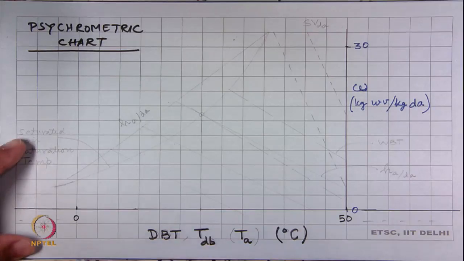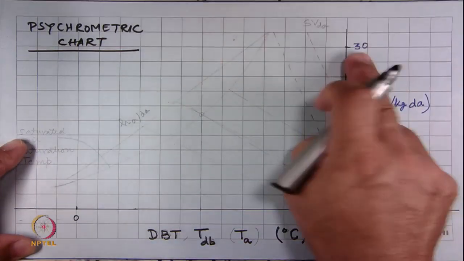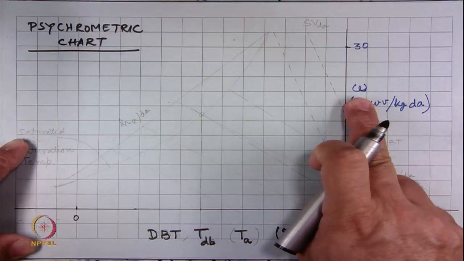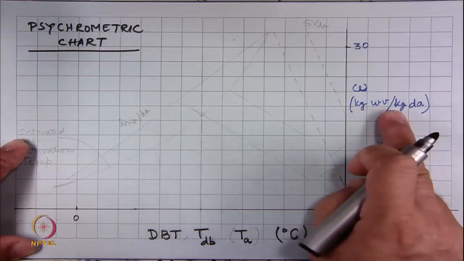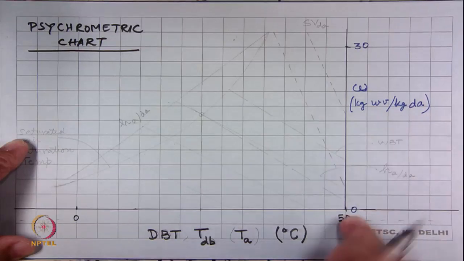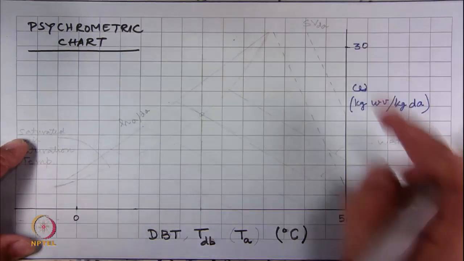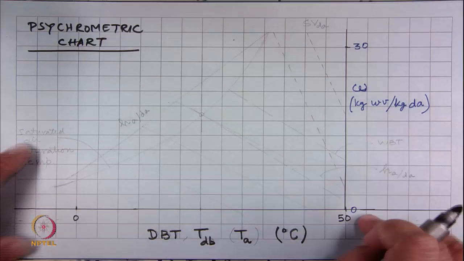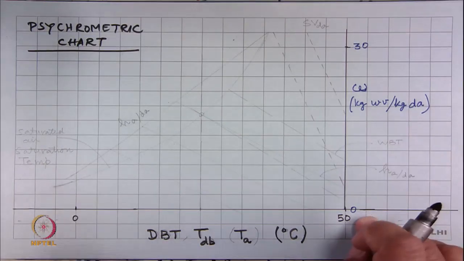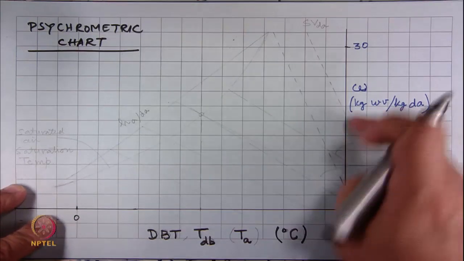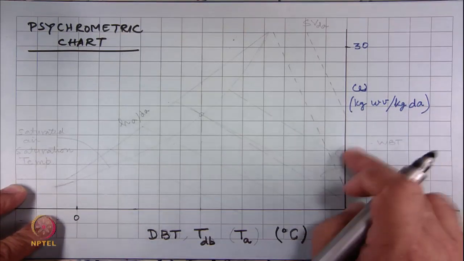Okay, so the x axis was the temperature scale, and the y axis is omega, humidity ratio, going from 0 to 30. The reason I put these numbers is just to get an idea what sort of numbers we are dealing with here, order of magnitude. So, somewhere in the middle would be say 15, or maybe here would be 10.